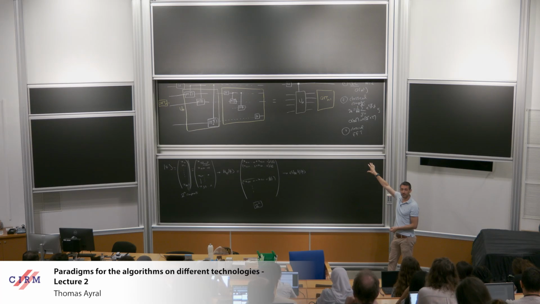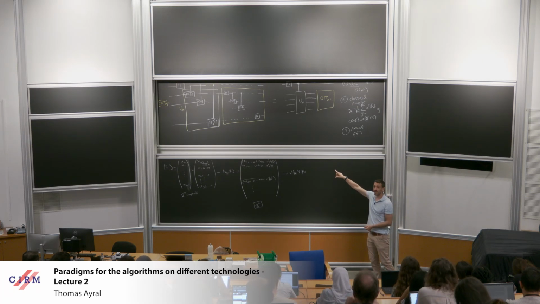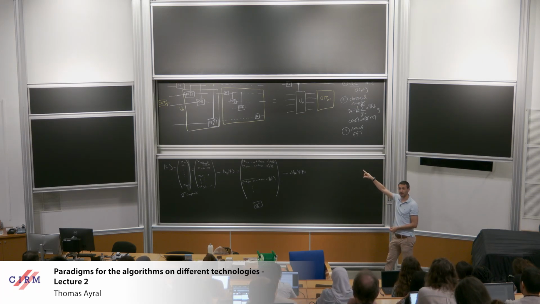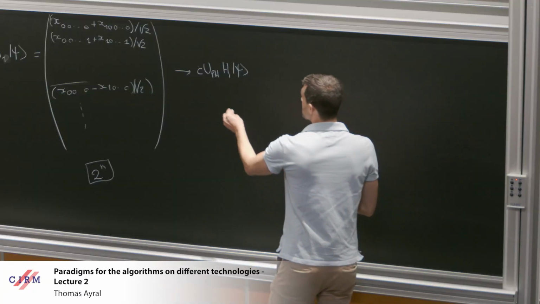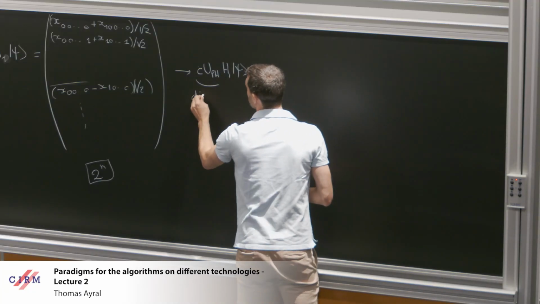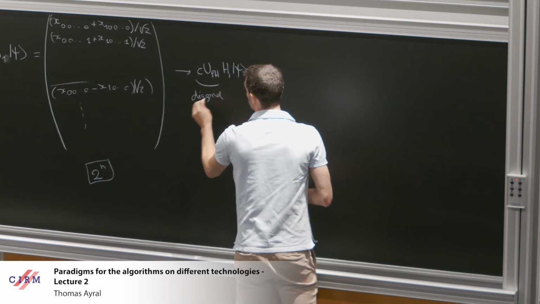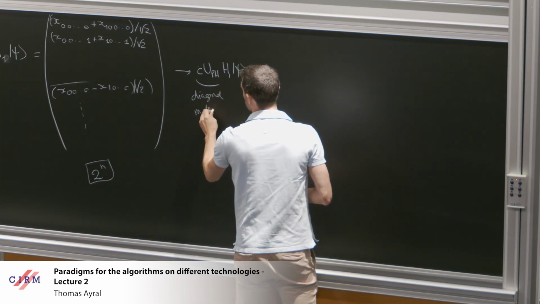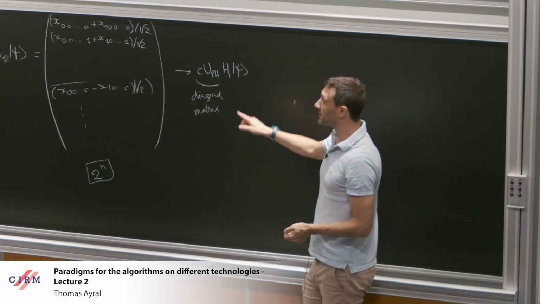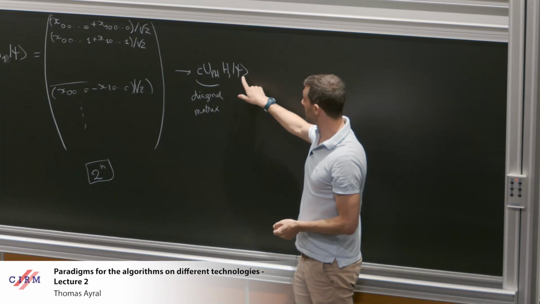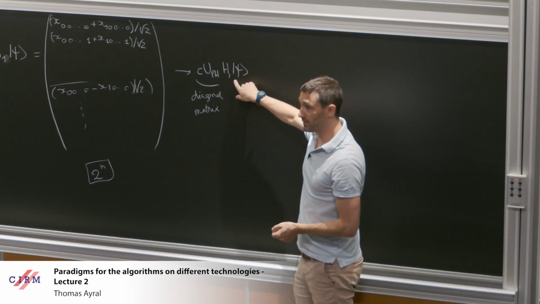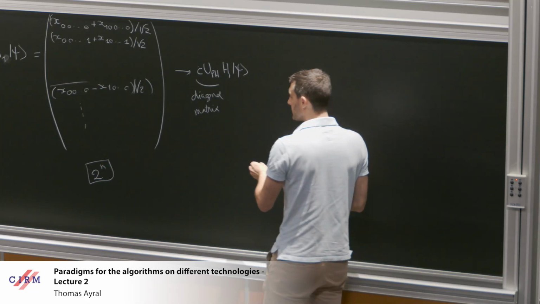But the gate itself, U phase, is a phase gate, and you remember a phase gate is a diagonal gate. So in principle, this should convince you that the controlled U phase is a diagonal matrix. So doing a matrix vector multiplication of a diagonal matrix with a vector also costs us 2 to the n.